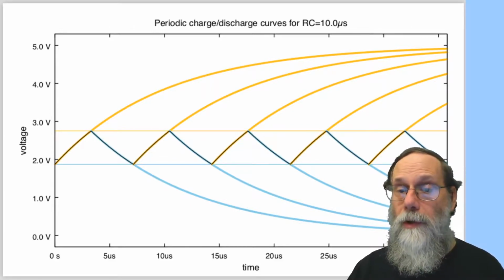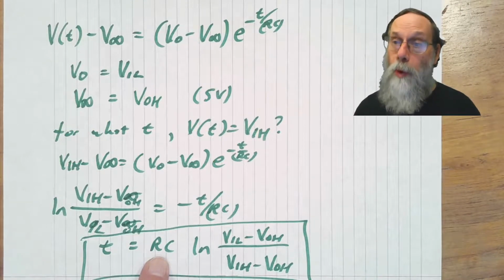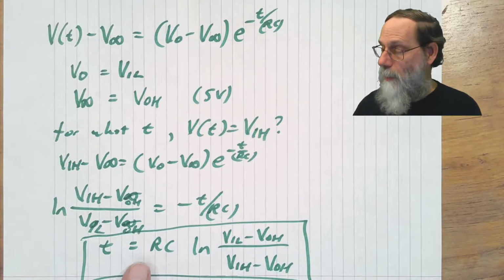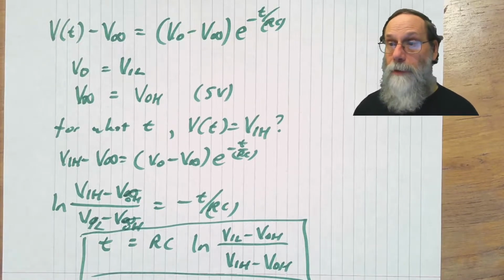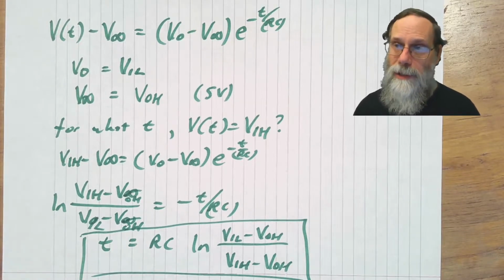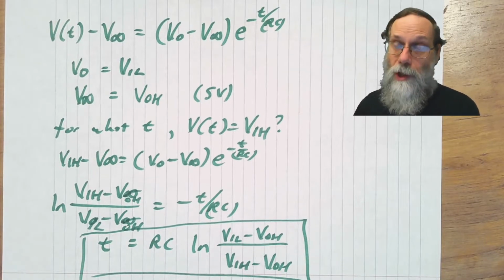If you go back and look at this formula here, you notice that this period is proportional to RC, because we're going to have RC times a constant here that depends on the thresholds and the output voltages. You're going to get a similar formula, slightly different, for the discharge time.